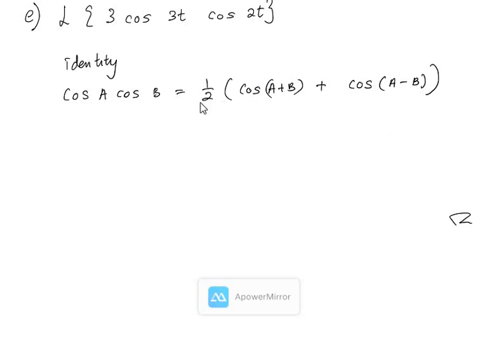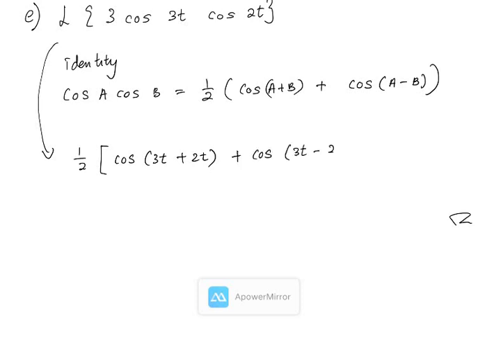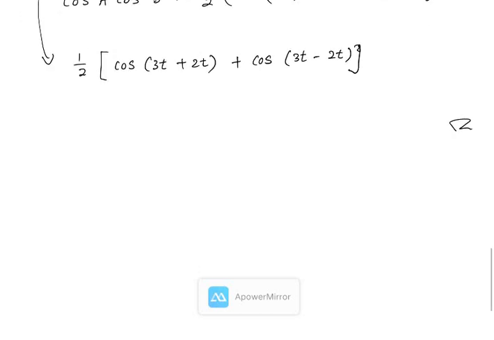So this will be equivalent to half of cos(3t plus 2t) plus cos(3t minus 2t). So this will be equivalent to half of cos 5t plus cos t.